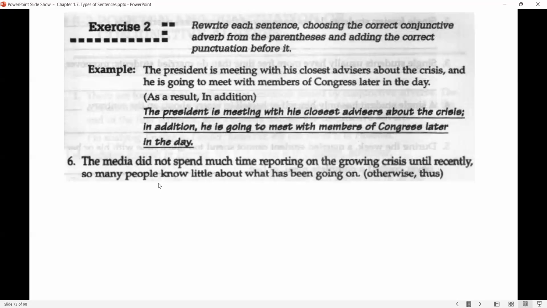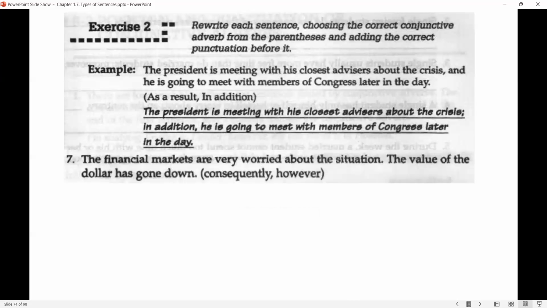Okay, the media did not spend much time reporting on the growing crisis until recently, so it's the same as thus. Many people know little about what has been going on. Now use the correct word to complete the sentence. All right, number 7, the financial markets are very worried about the situation.